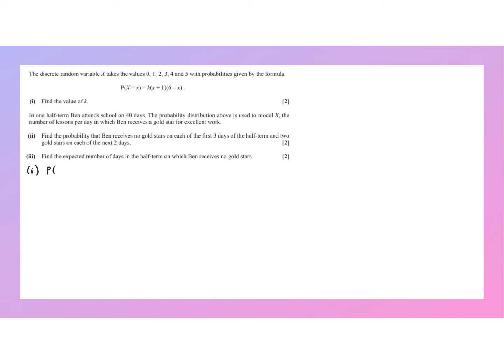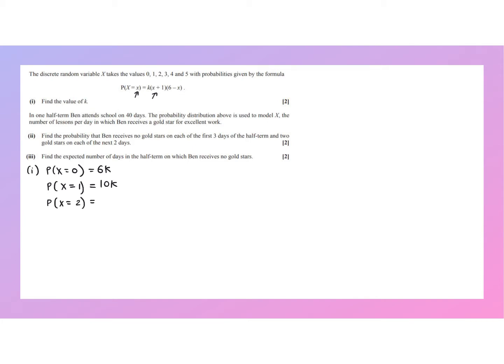So the probability that x is equal to 0, well, if we substitute in here for x equals 0 and on the right hand side as well, we will get a value of 6k. So the probability that x equals 0 is 6k. The probability that x equals 1, this will give us 10k. So each time we're replacing little x with the value that we've chosen for it to take.